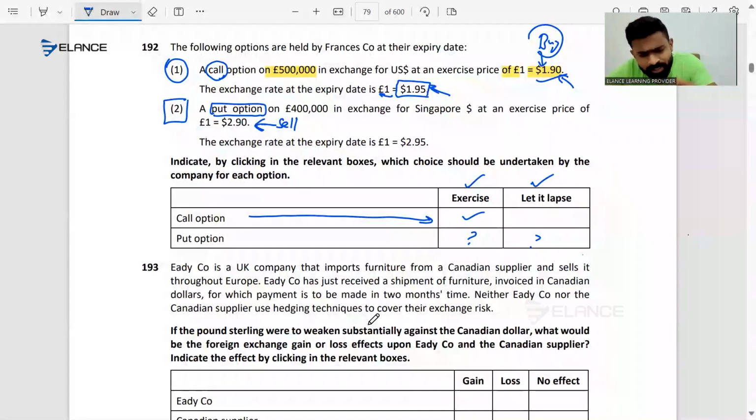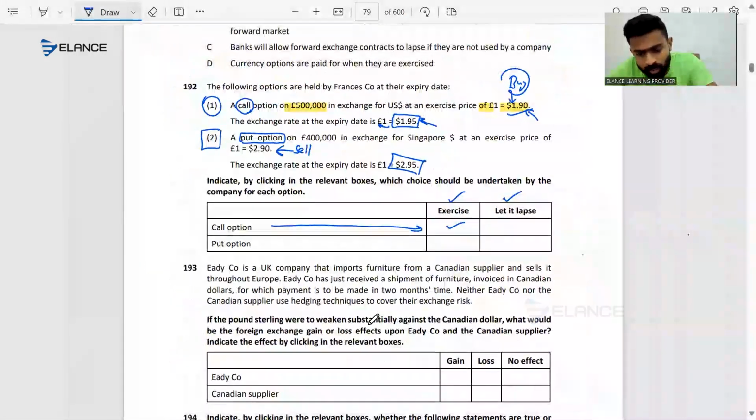Or else you can lapse it, go to the market and sell at 2.95, which is better. Selling in the market is better because you are getting more money. So you will let this option lapse.